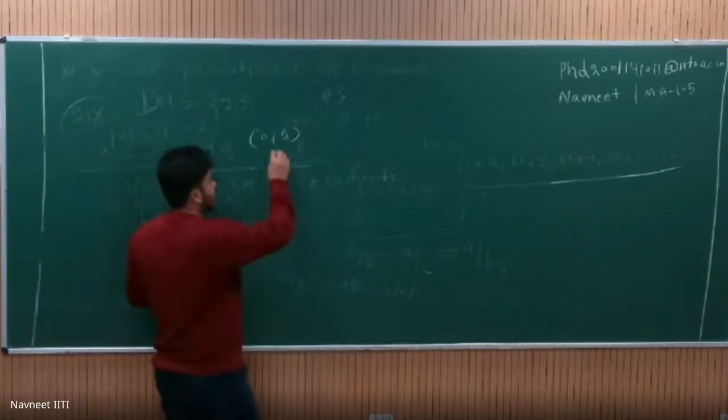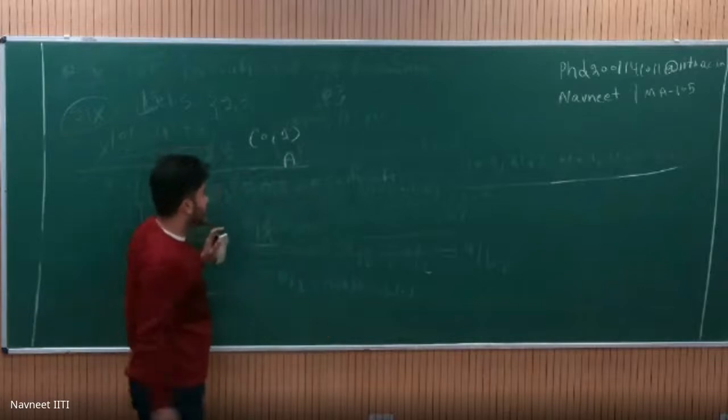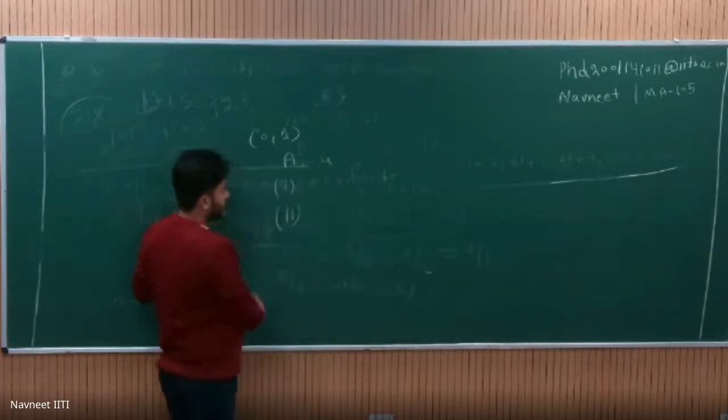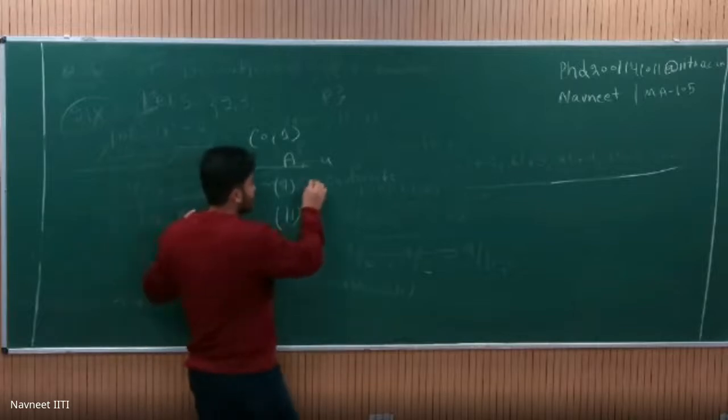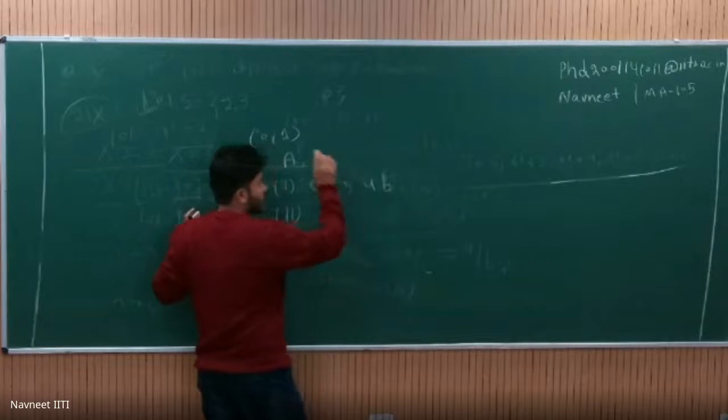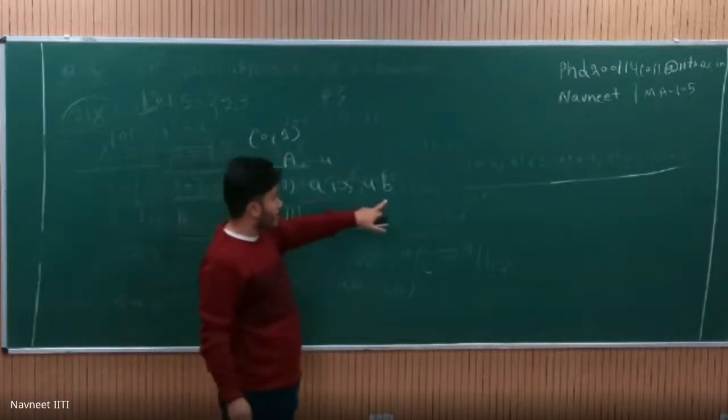Actually, you can say that easily. Suppose a set A, okay, then a number U satisfying the following two conditions. First condition: U is an upper bound. What is the meaning of upper bound?